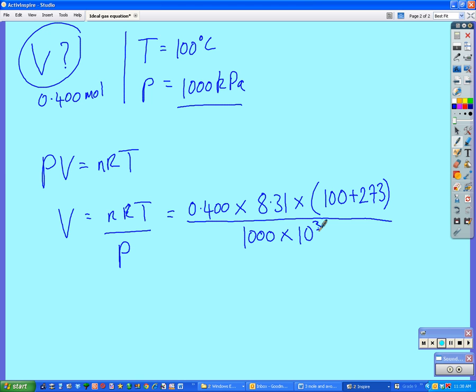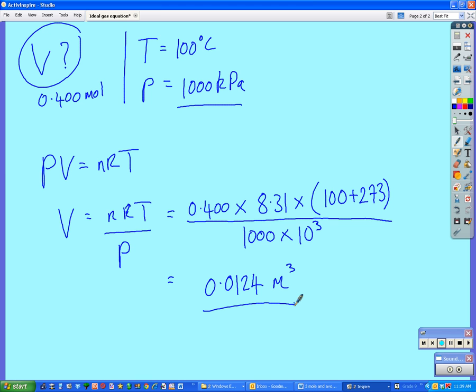And if we work that out on our calculators, I hope we'll find that we get 0.01124 cubic meters.